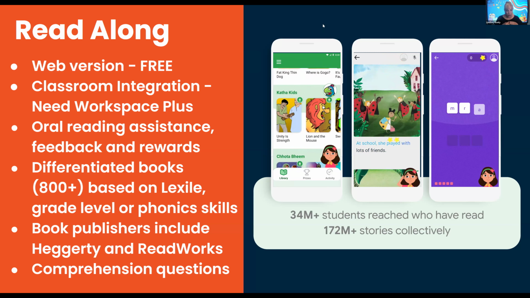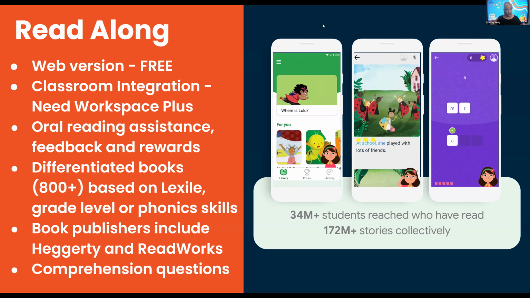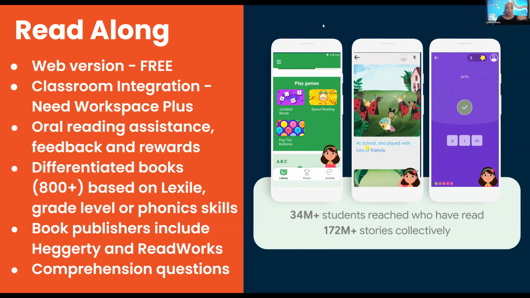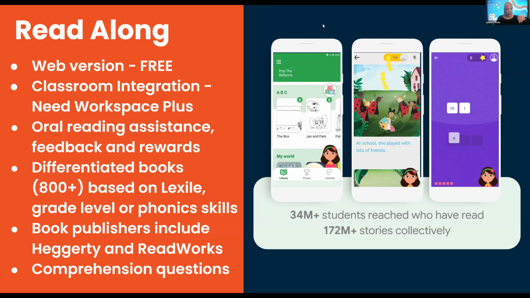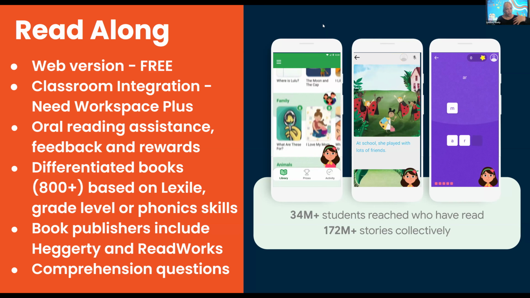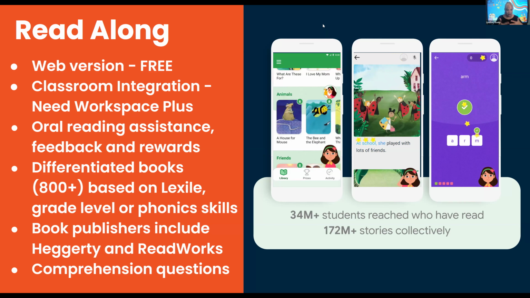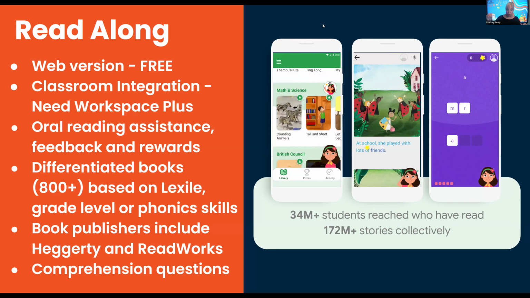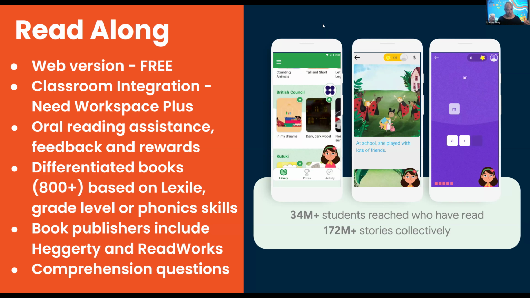The microphone picks up their reading, and if they get the words right, they get a star, and it shows that it's right. If they get a word wrong, it does a little red line underneath. If they pause, Dia, your little friend down there, will tell them, hey, say this. Or if they click on a word, she will read it for them so that they have that support while building their fluency.